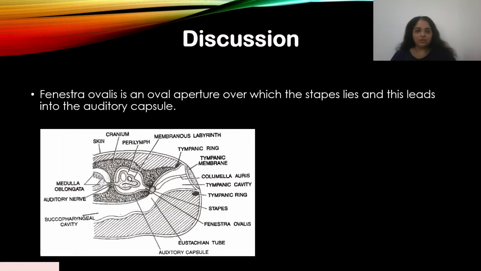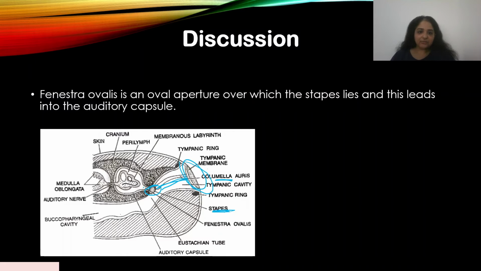Here you see this is the middle ear, the opening of the middle ear. You have a tympanic membrane. You have another structure called columella auris, which directly attaches the tympanic membrane to the stapes. Stapes is one of the ear ossicles.